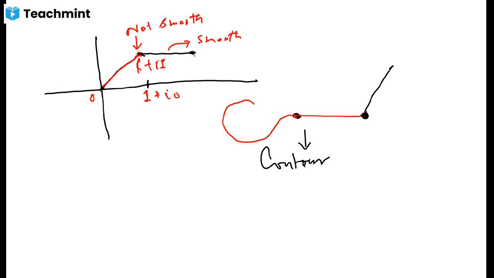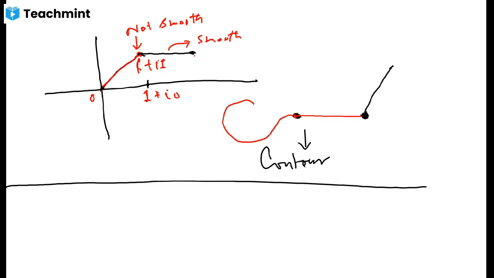So we require the concept of these contour arcs to define integration of complex functions, and the integration that we will be defining is a line integral. In real analysis, you studied Riemann integration, and you have also studied Riemann-Stieltjes integrals.